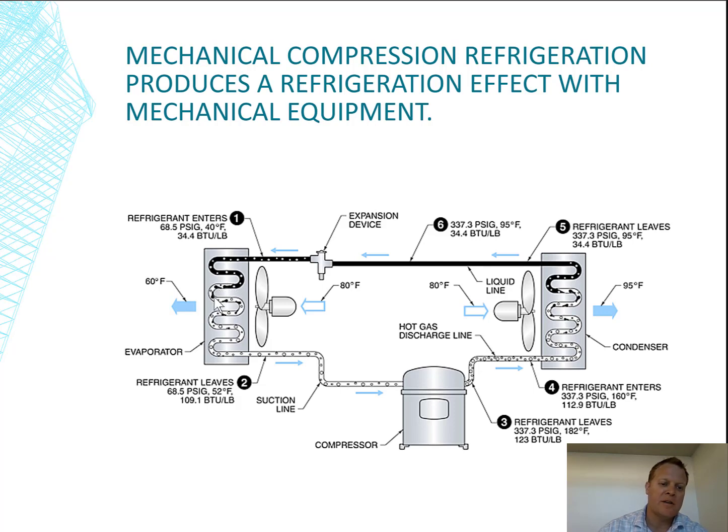In order for it to turn from a liquid to a gas, a vapor again, it needs to gobble up as much heat as it possibly can. So it takes air that's being blown across its coil and steals heat from it in order to make its phase change back into a gas, and that's the evaporator section, right?